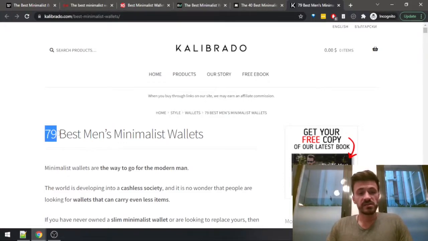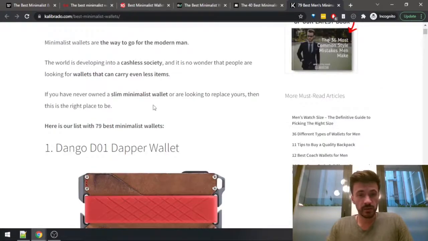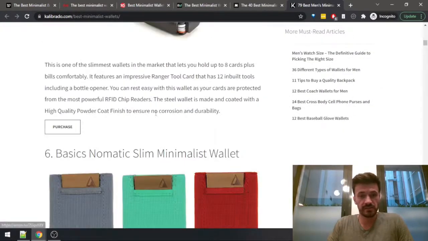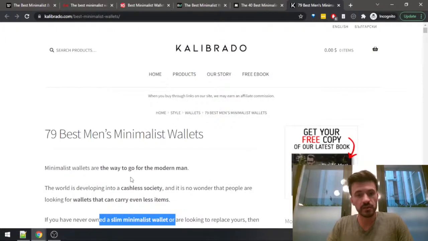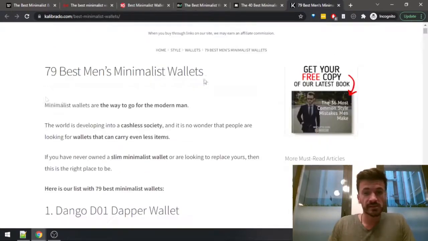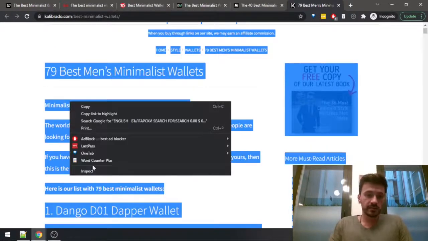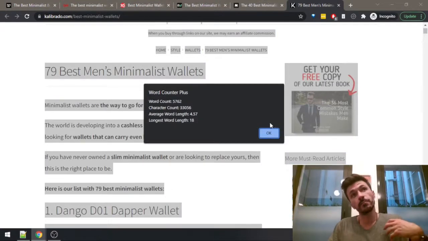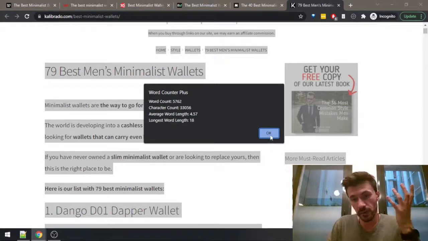I mean, 79 best minimalist wallets. I'm not even sure who's going to read best number 5 or something. So I'm not entirely suggesting to blindly follow this. However, at least maybe we can do one of them: choose the word count and aim to outperform the topmost competitor in this regard at least.